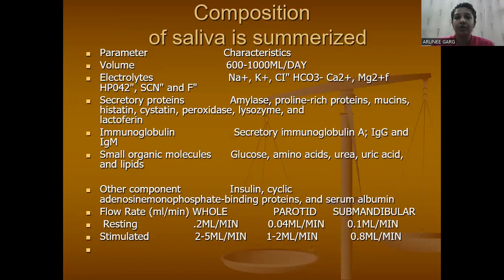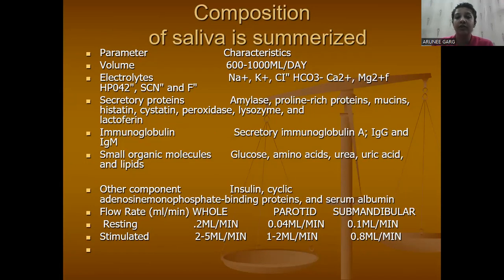To summarize the composition of saliva, the volume secreted per day is about 600 to 1000 ml. The electrolytes present are sodium, potassium, chloride, bicarbonate, calcium, magnesium, fluoride, and so on. Secretory proteins present are amylase, proline-rich proteins, mucin, histatin, cystatin, peroxidase, lysozyme, and lactoferrin.